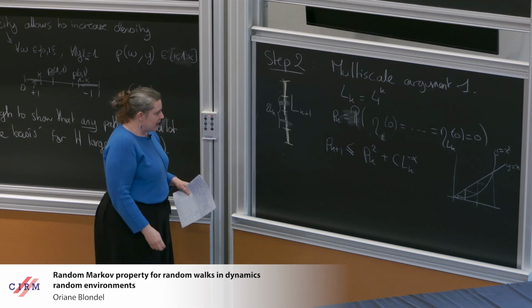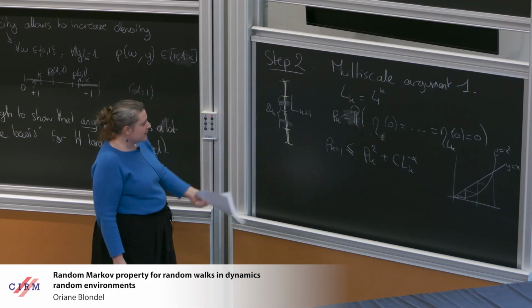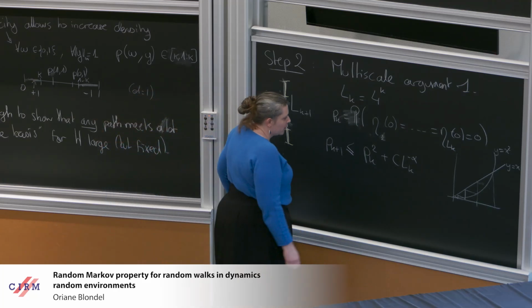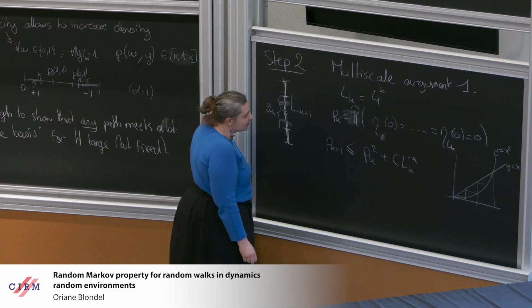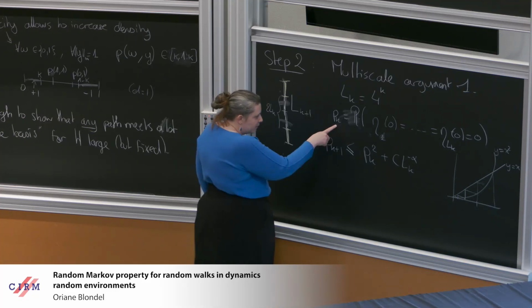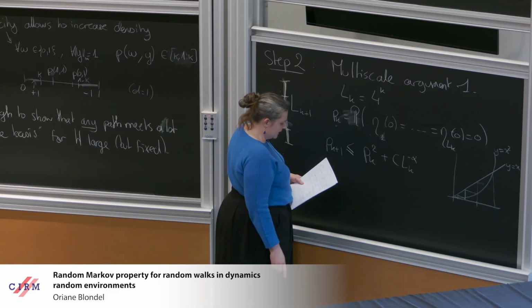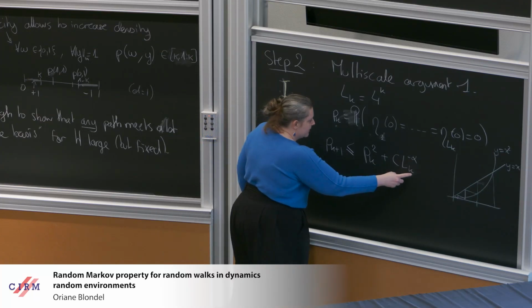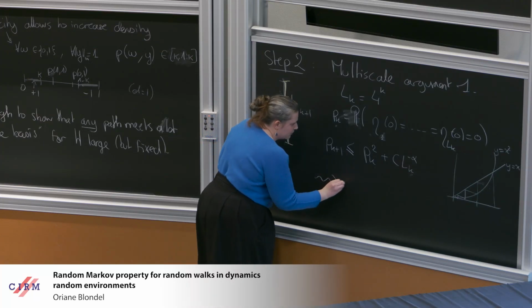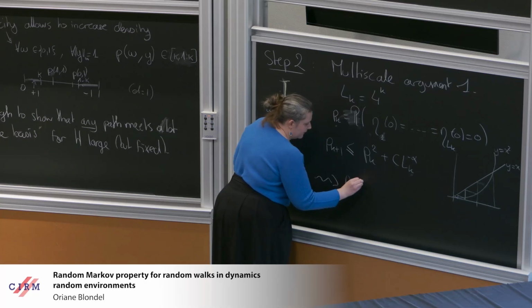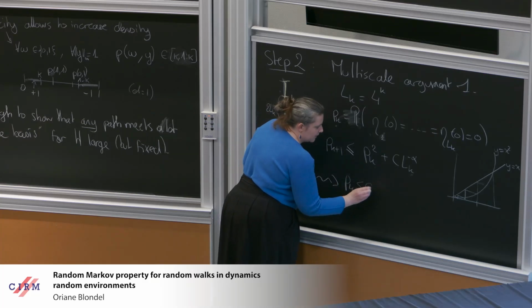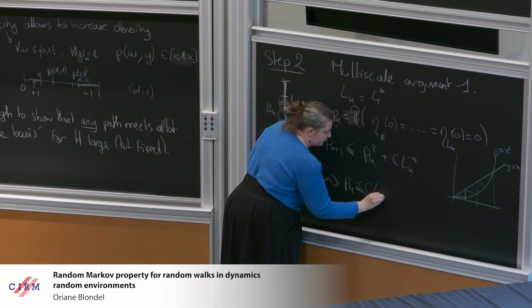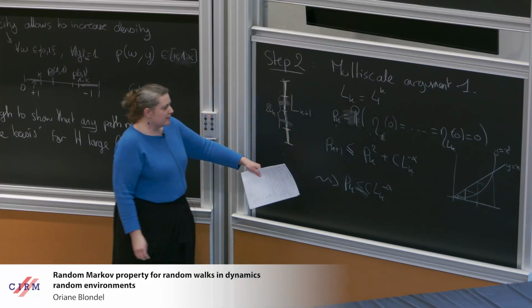Okay. And what I claim is that, indeed, if you work a little bit, you can get to the fact that this p_k is going to decay essentially like this. It doesn't work right away.